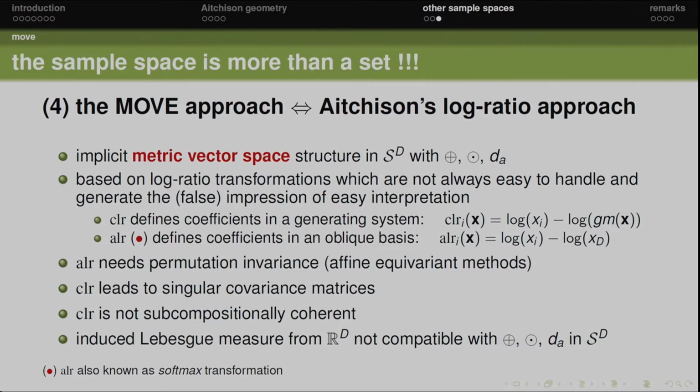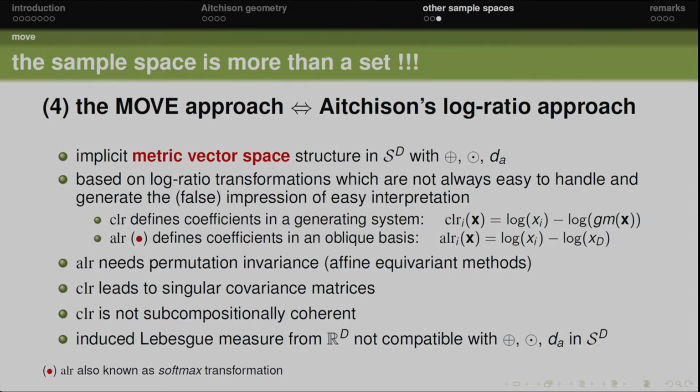They give the false impression that they are easy to interpret because you have here only one part, and at least with the CLR, there are as many components as in the original composition. But it is not information about that part in an absolute sense. It is information about that part about the geometric mean of all the parts, including the part in the denominator, in the numerator.